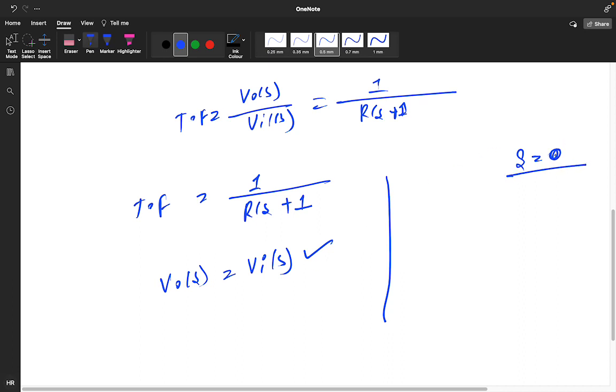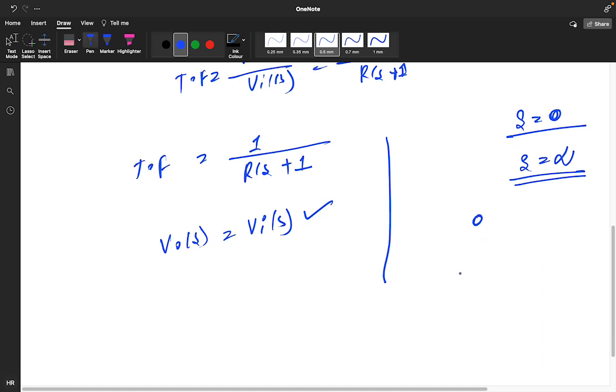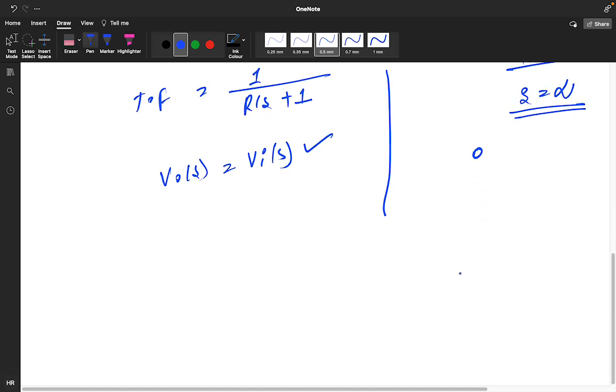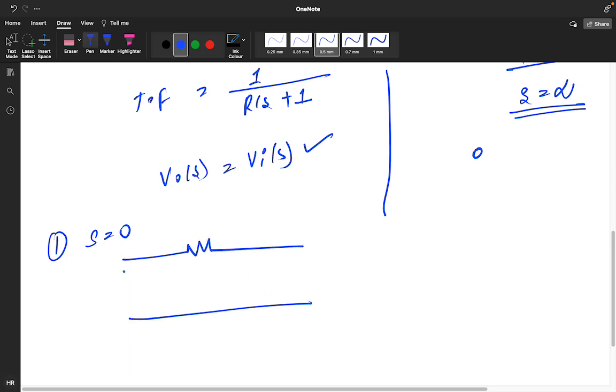That is at low frequency. And if S is equal to infinite, what will happen? It will become 0. So case 1, at S equal to 0, you are getting R and this, plus minus Vi of S, and current will become 0, so that your Vi of S is the same as V naught of S.